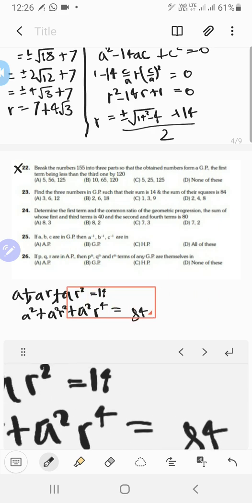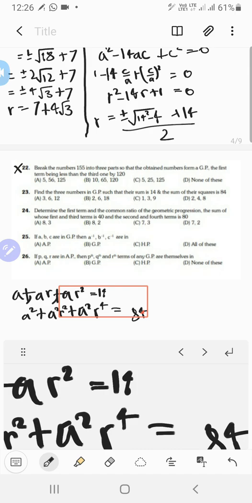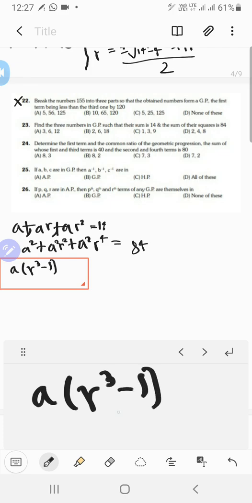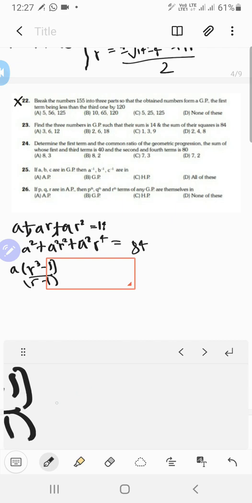What do we have to do? Find those three numbers. I think we have already done such a question in the past. Let's see if we can do this once again. We will be using the formula for the sum of a GP. So this is just a times r to the 3 minus 1 upon r minus 1, which is 14.